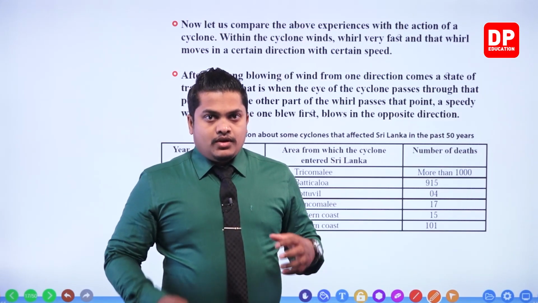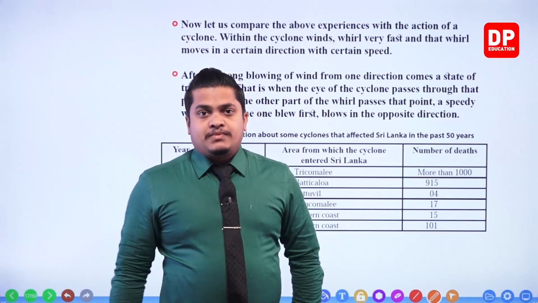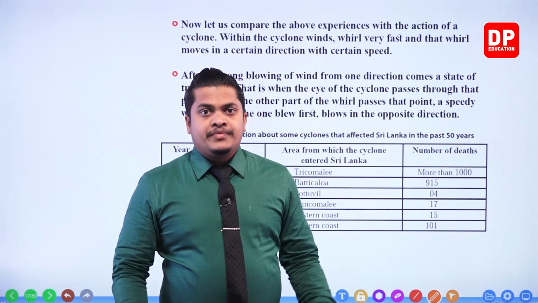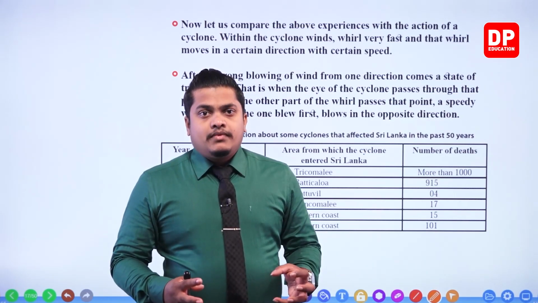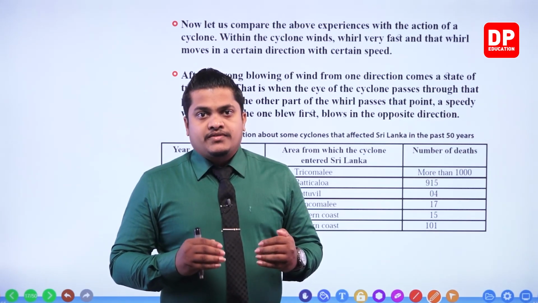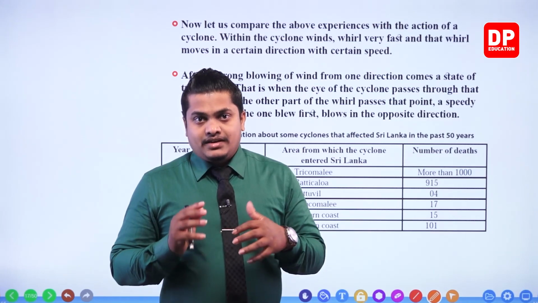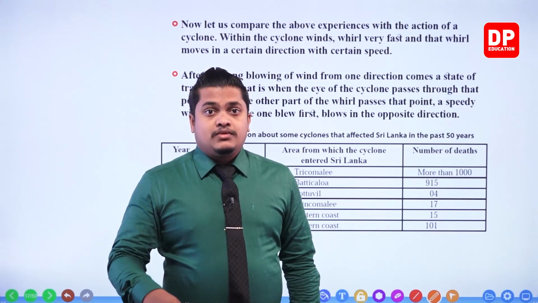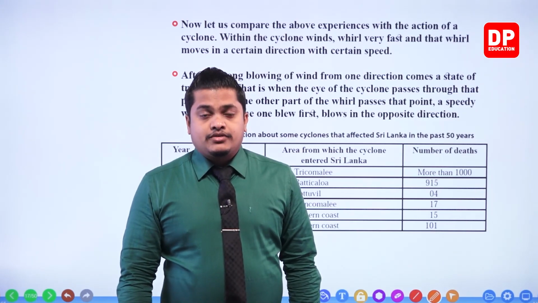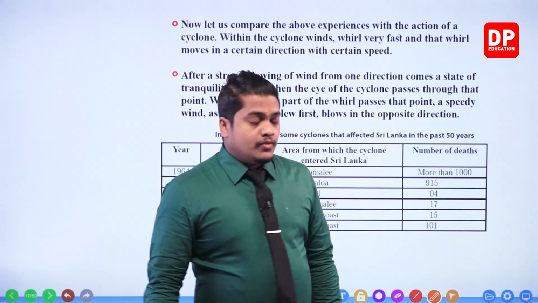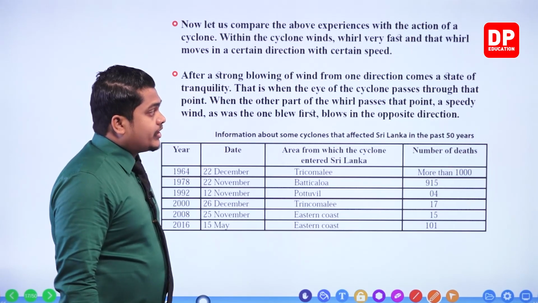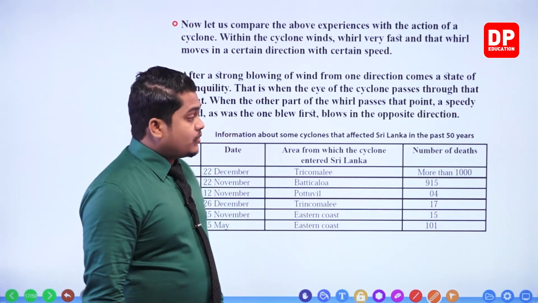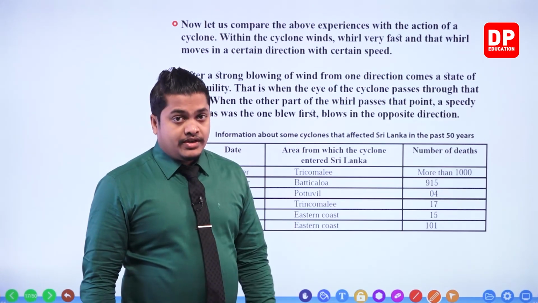So when a cyclone is passing through a certain area, after a certain time period, a calm environment is created because of the passing of the eye area. Then after that, it is going to get worse again because the wind will flow in the opposite direction, right? So it's very important to note that, my dear children. This is how a cyclone usually occurs.